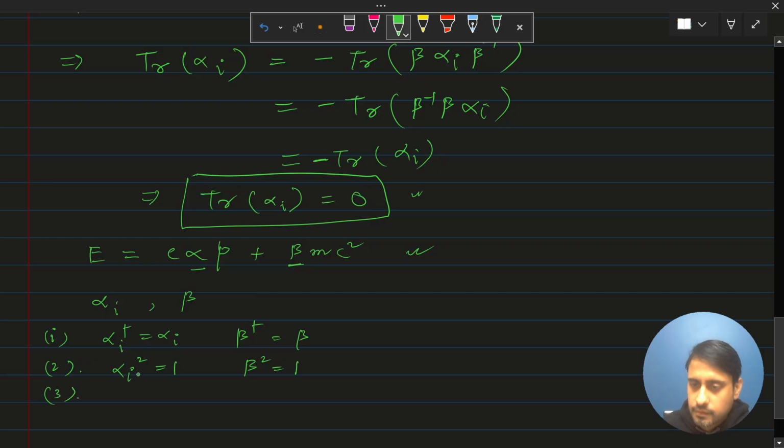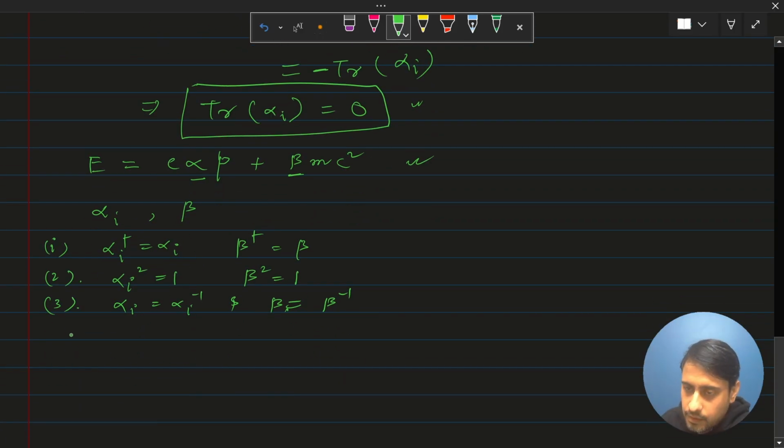The third thing we have is alpha I equals alpha I inverse, and also beta equals beta inverse. Then this also implies that alpha I and beta are non-singular.